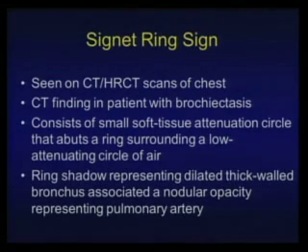And you will see a ring-like appearance, and you will see a dot surrounding or adjacent to the ring-like appearance, like this. Here we can see a dilated bronchus with a pulmonary artery adjacent.